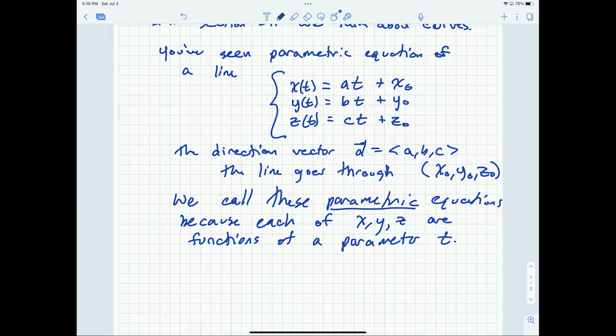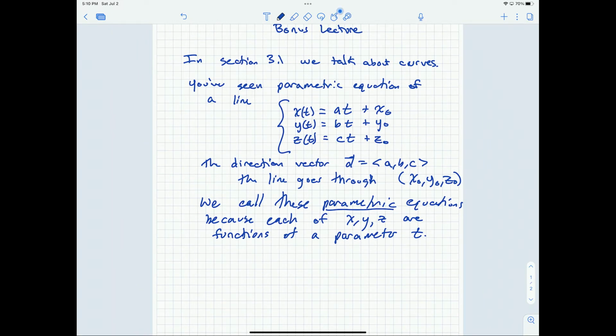Now, if there were two parameters, we would be dealing with a surface and not a curve. Now, this curve doesn't really curve, right? Because it's a straight line, but in principle, it's the same.